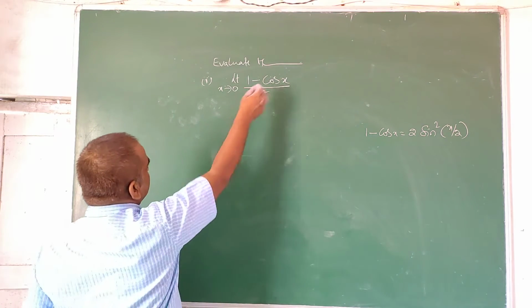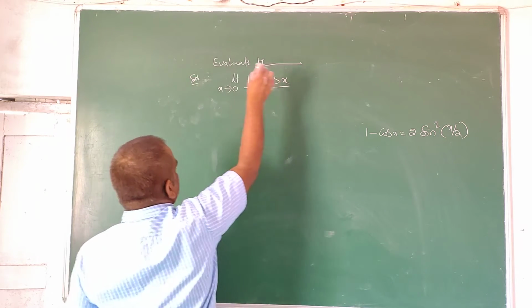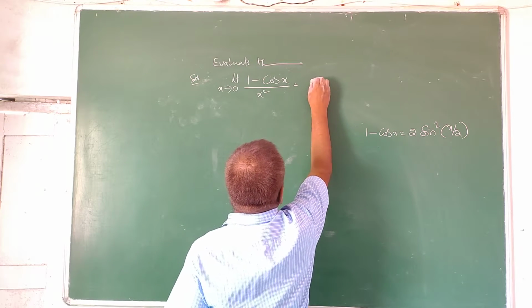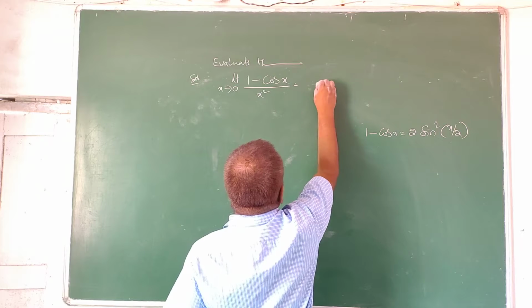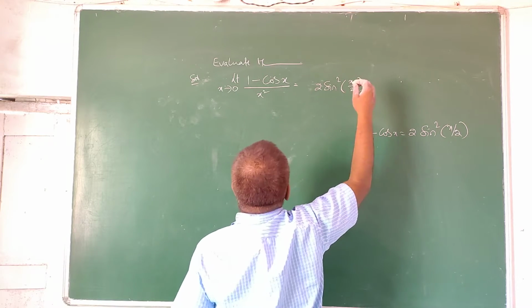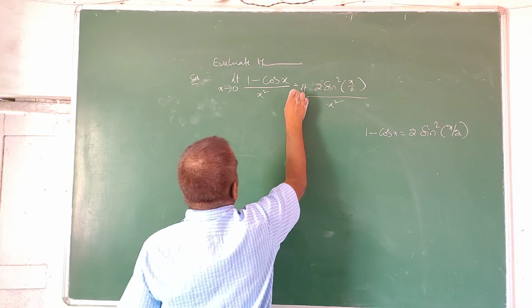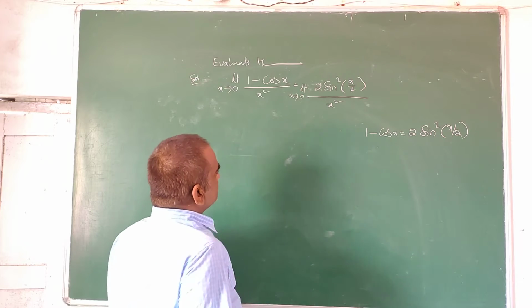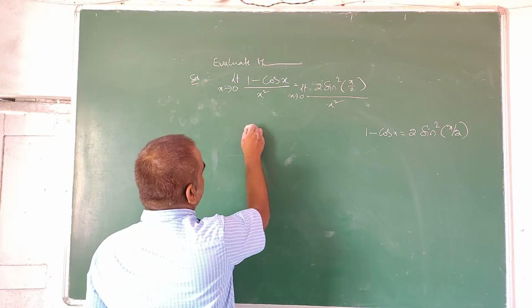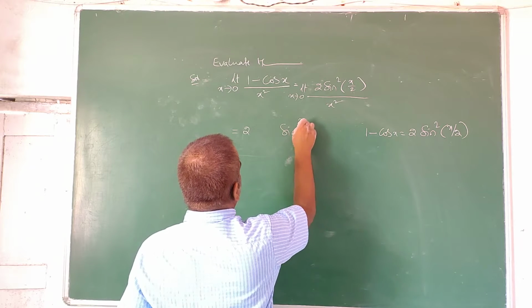So if you take this limit, solution: this is equal to, now 1 minus cos x can be replaced with 2 sin squared x by 2, by x square as limit x tends to 0. Now this 2 being constant can be taken outside the limit.